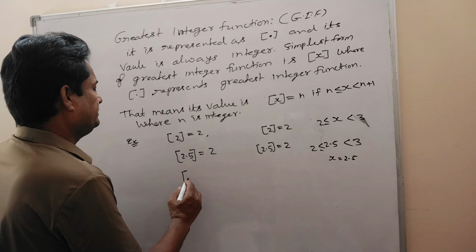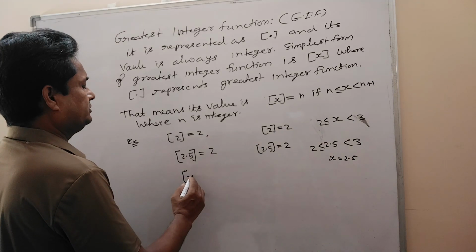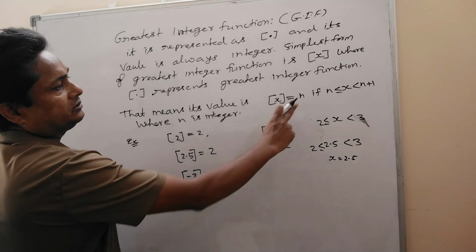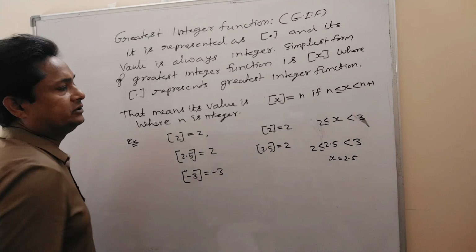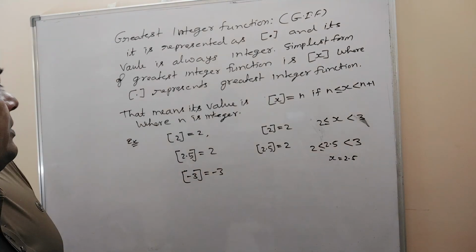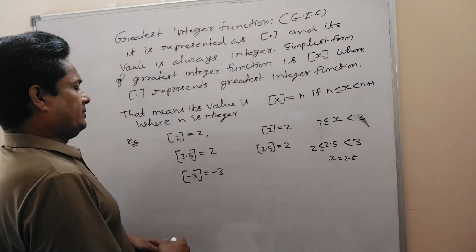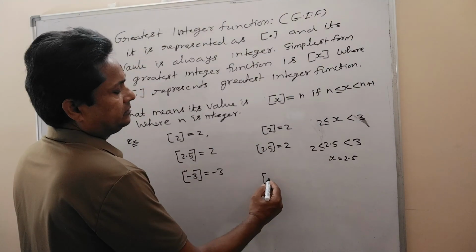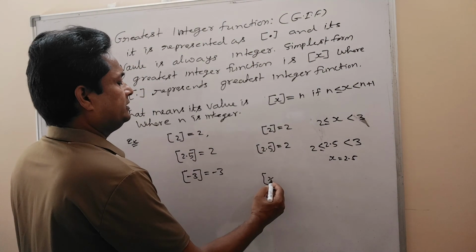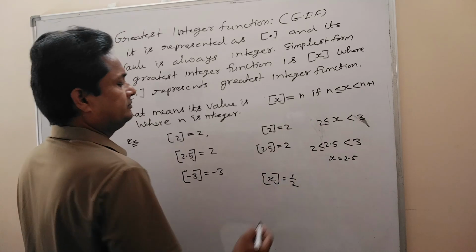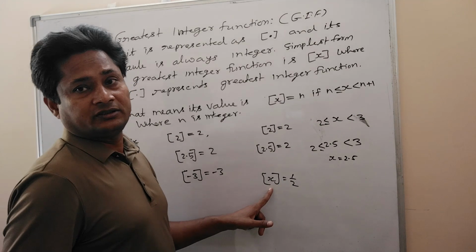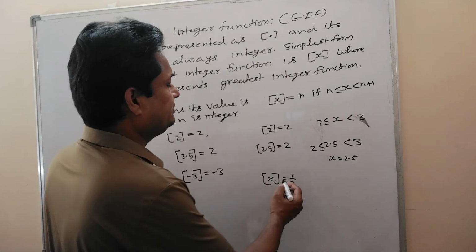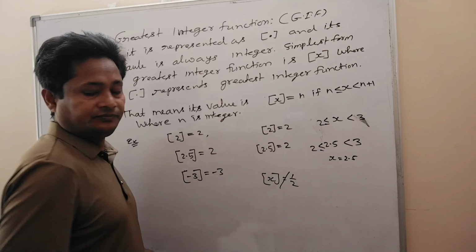If you have, let's say, minus 3, then according to the definition, it will be minus 3. If someone writes the greatest integer of x is equal to half, then it can never have the value half. Fraction will not be possible. So this is wrong.